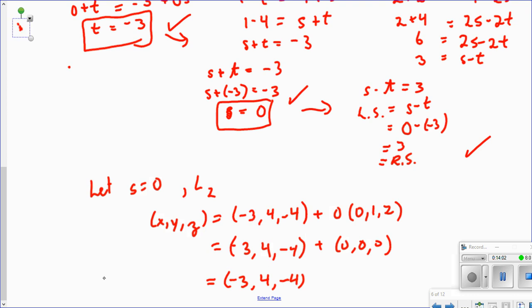And that's my point of intersection. That's where the two lines intersect.